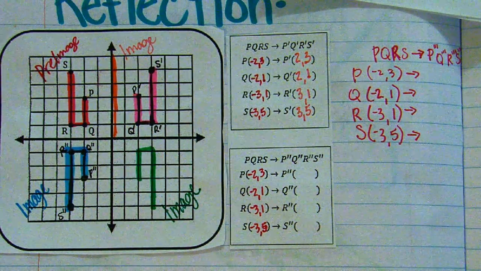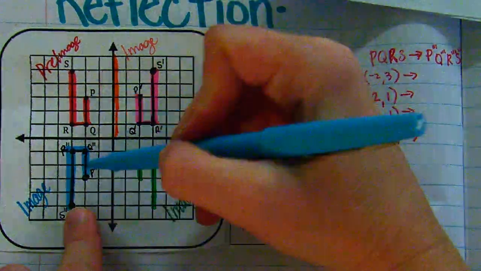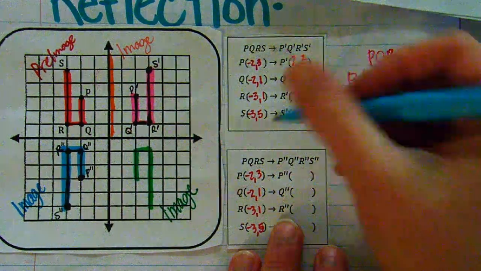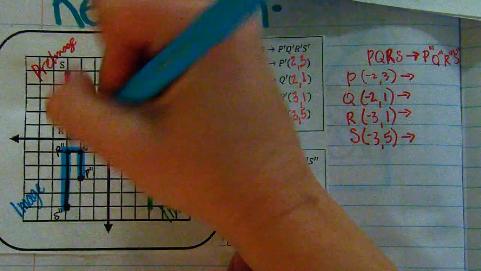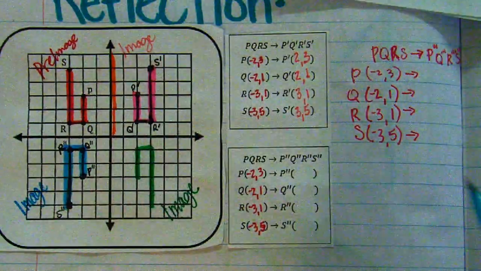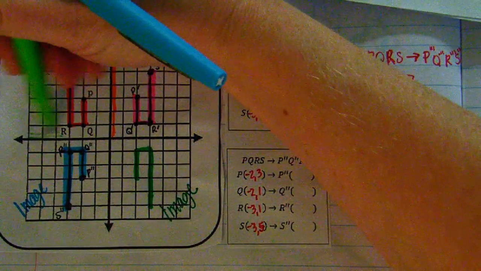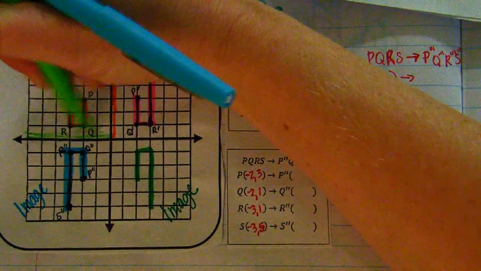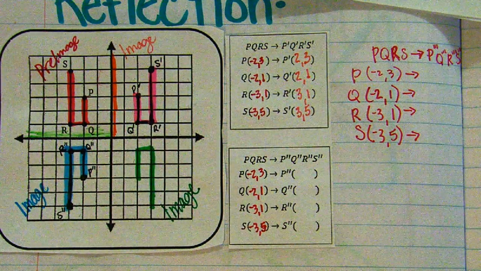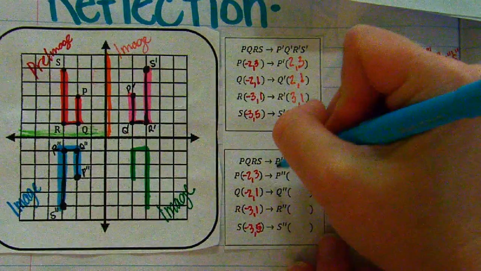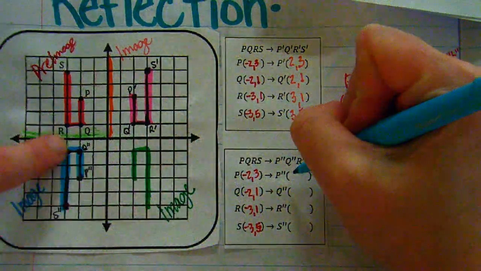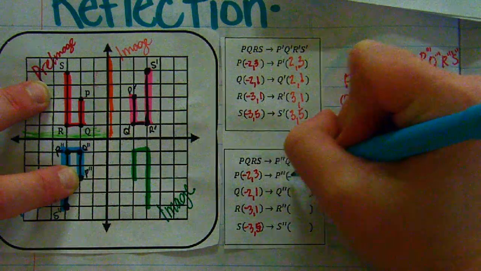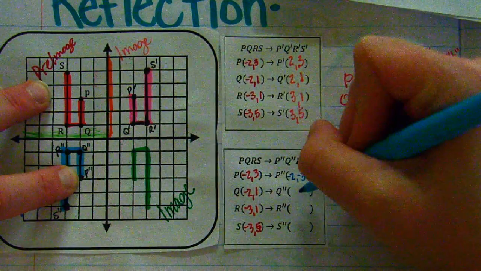Then the blue one is my second reflection, so that's going to go here in the double primes. So when I reflect it here, I'm actually reflecting it over the x-axis. So point P reflected to P double prime is -2, -3.